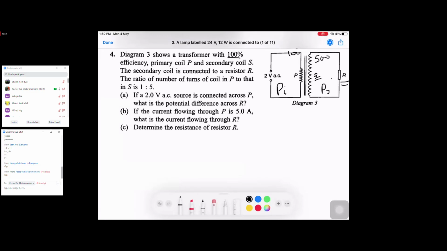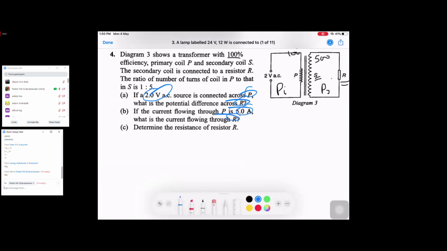So the ratio is 1 to 5. Now, 1: if a 2 volt AC source is connected to P, what is the potential difference across R? Semua orang kira. 2: if the current flowing in P is 5 ampere, what is the current flowing in R?